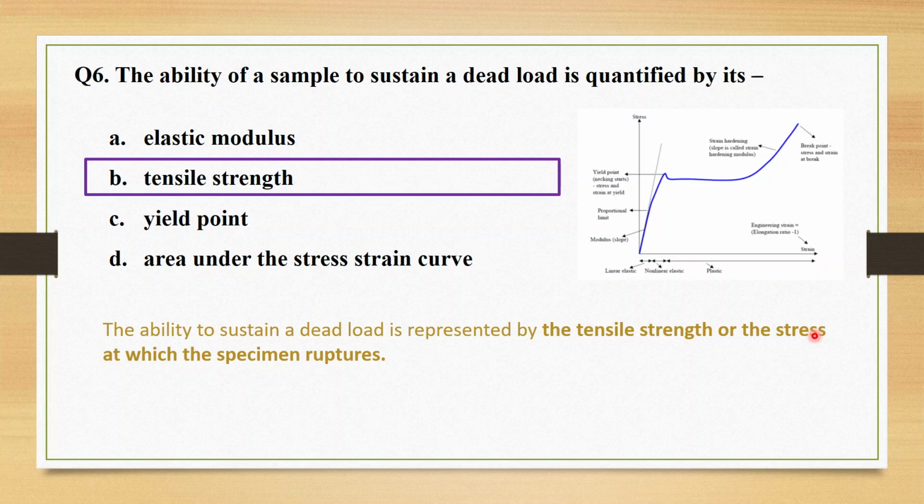And at a particular point, when you are still trying to stretch it, it will just break and deform. So from the tensile strength you will identify the dead load, that is, what amount of stress a particular specimen can bear. After that it will simply deform or rupture.